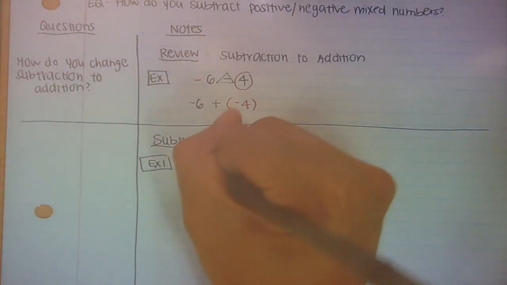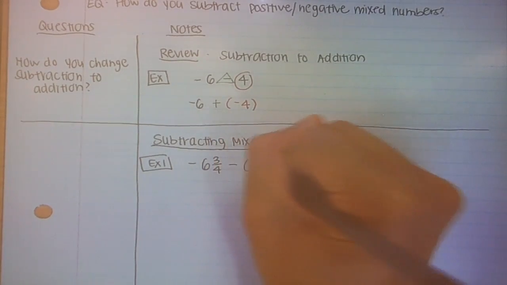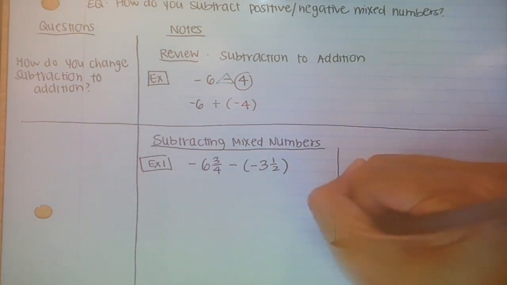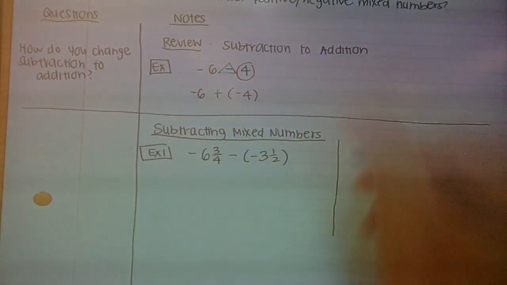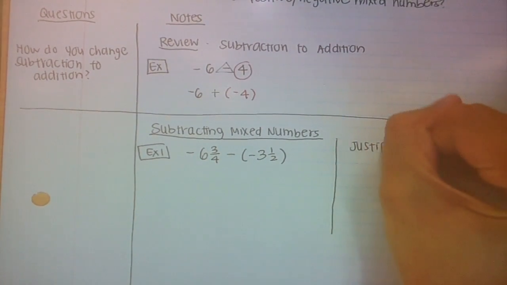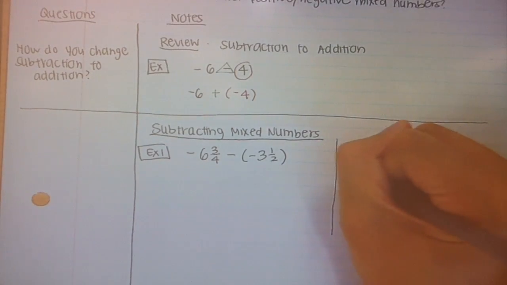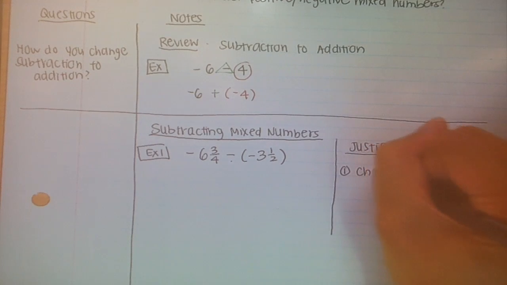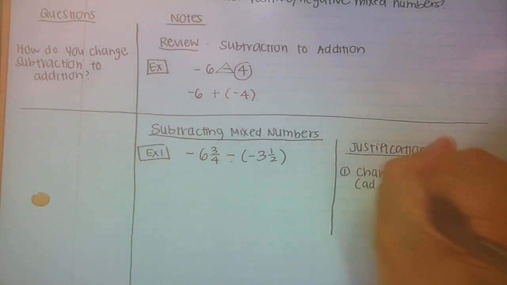So if we have negative 6 3/4 minus negative 3 and 1/2, the first thing we're going to do is change it to addition, and then we're back to what we learned in the last lesson. So our justification, the first thing we do when we see subtraction, this is a subtraction problem, so we're going to change it to addition. And we're going to add the opposite.